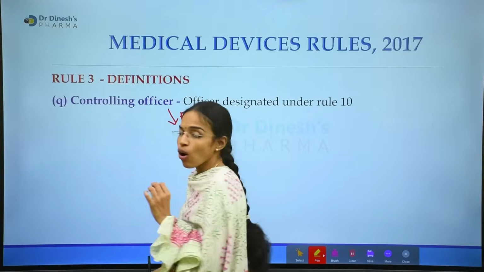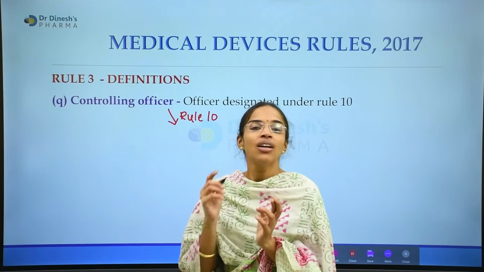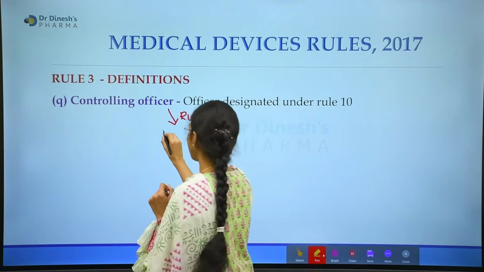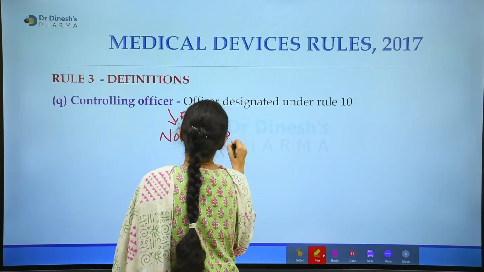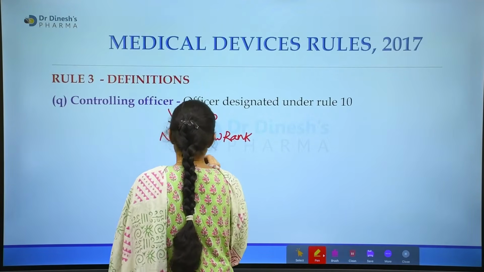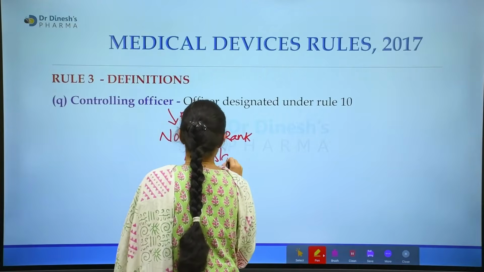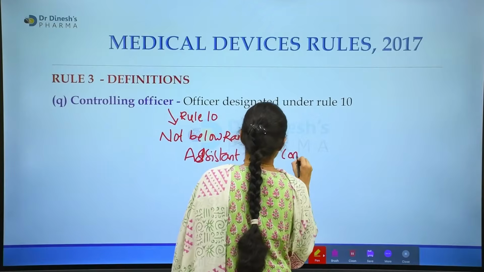According to Rule 10 of MDR 2017, any person not below the rank of assistant drug controller, ADC, is known as a controlling officer.